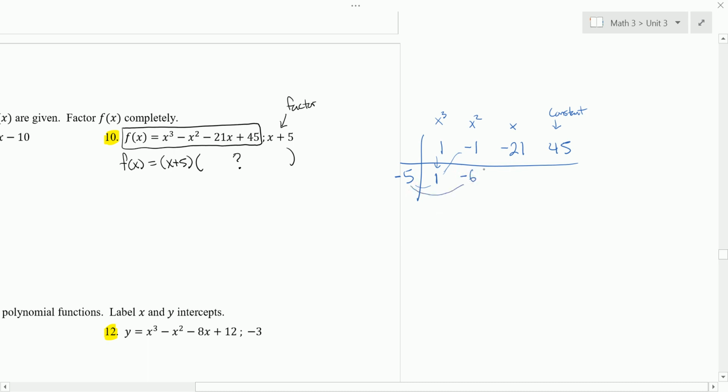Here we get 30 plus, so positive 30 minus 21 is 9. -45 plus 45 is 0, and we need that remainder to be 0 if it's a factor. So 9 is our constant, -6 is our coefficient of x, and 1 is the coefficient of x squared.